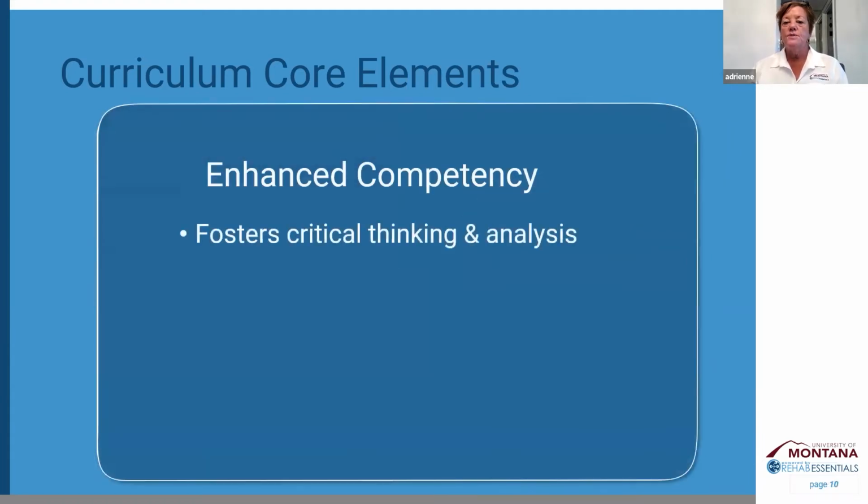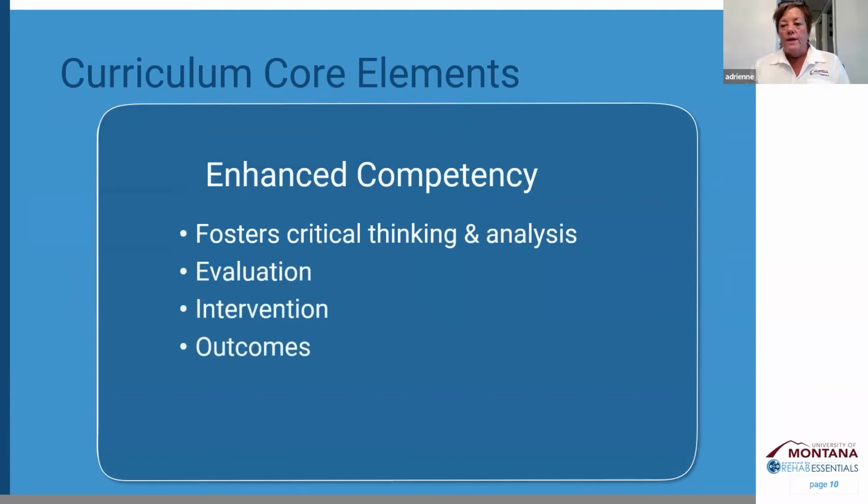And in terms of enhanced competency, we have thought throughout the curriculum and the courses about how to foster clinical thinking, clinical and professional reasoning, and how to help you analyze situations that require clinical and professional reasoning at its highest level.